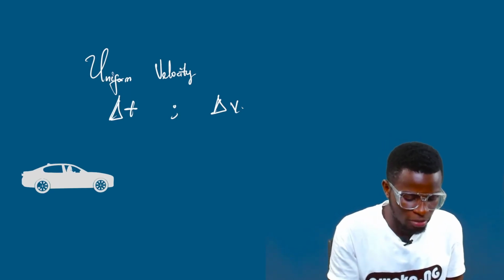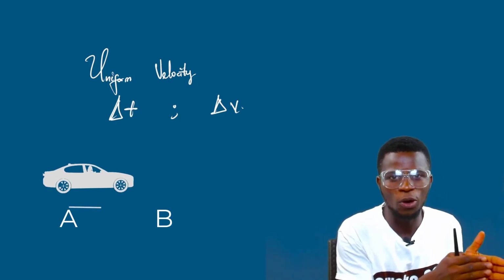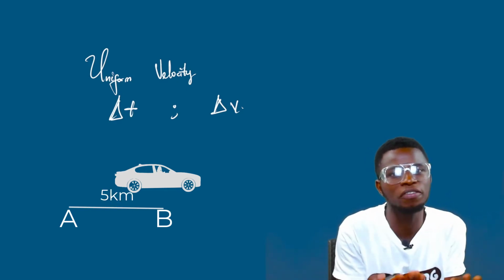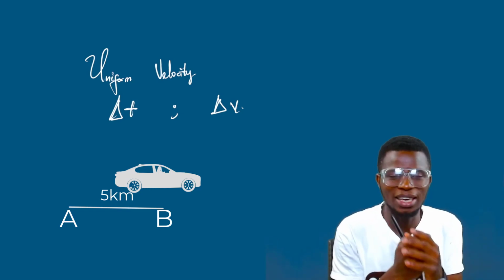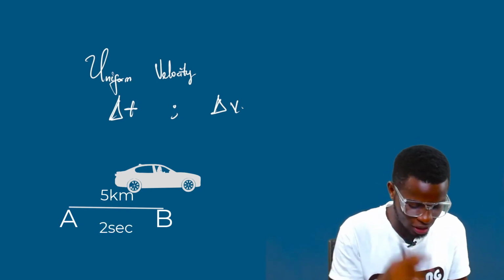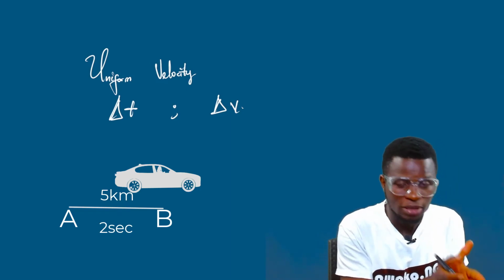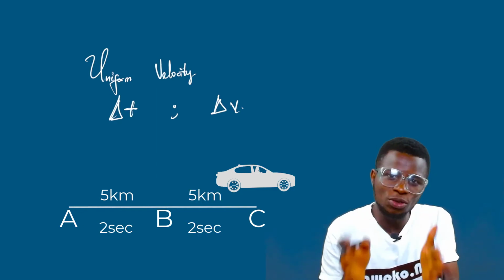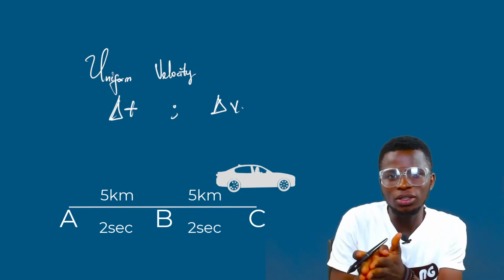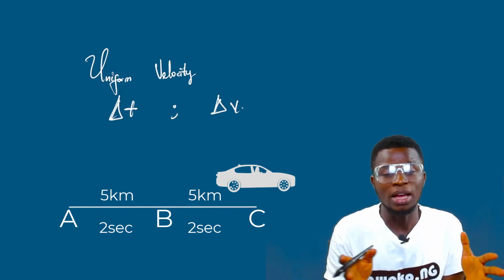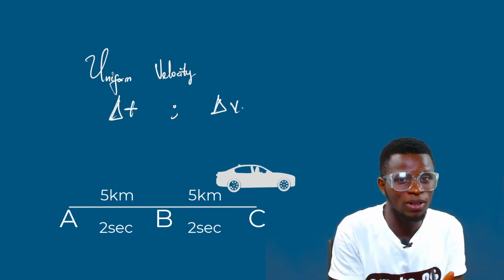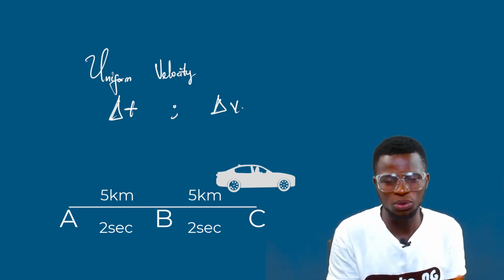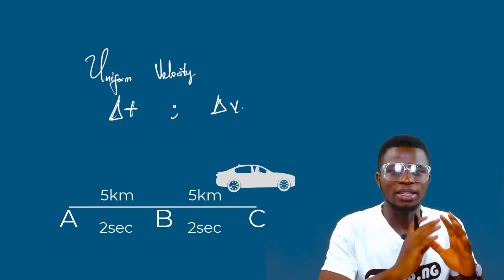So if an object moves from point A to point B, covering a distance of, let's say, 5 kilometers in 2 seconds, and it moves from point B to point C in another 2 seconds, and from point C to point D in 2 seconds, then we say that the body has undergone uniform velocity, okay? But in the case of acceleration, a body is said to accelerate when there is a change.